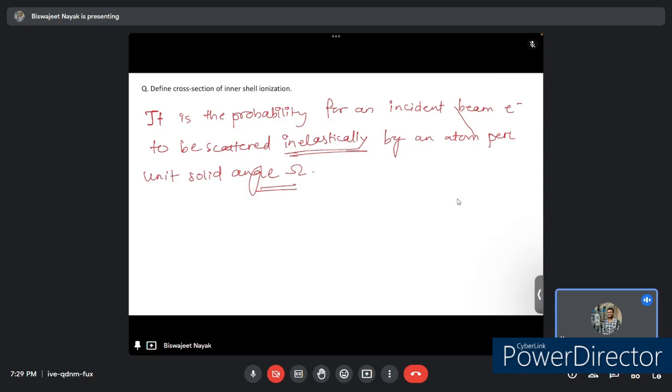This is denoted mostly by sigma or omega, sorry, Q.